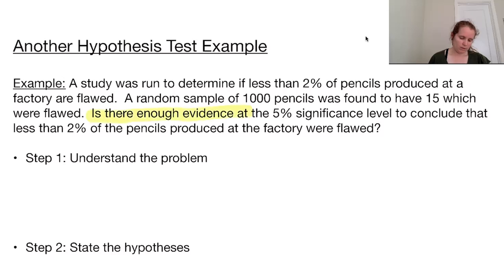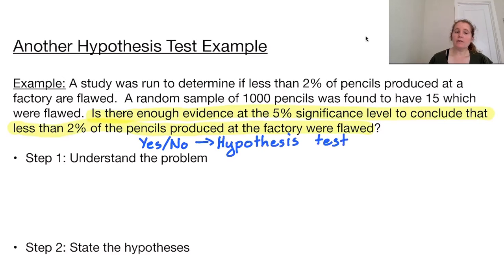So our research question: are less than 2% of the pencils produced in the factory flawed? So this is a yes or no research question, so we know we're looking at a hypothesis test. We're looking to conclude that less than 2% of pencils are flawed.